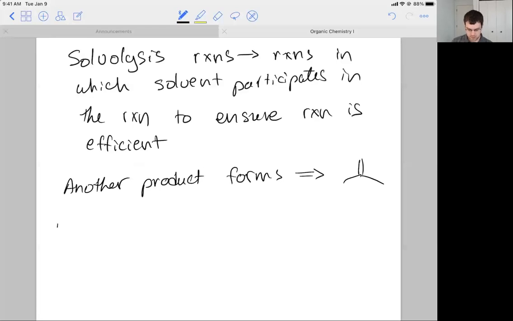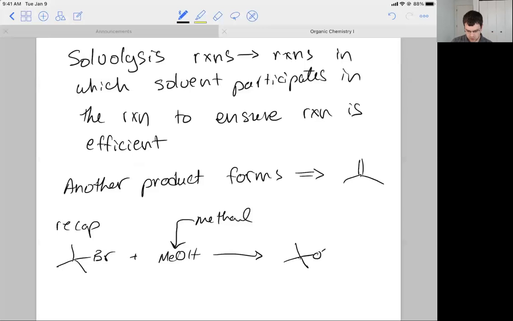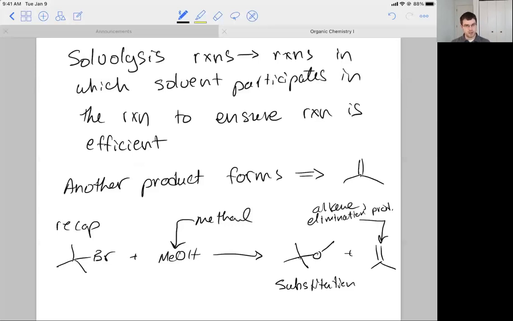Okay, so again, to recap, we took our haloalkane and mixed it with methanol, also called MeOH, and we formed two products, one of which was a substitution product, and the other one was this product, which is an alkene, and so this is an elimination product. So we have a substitution and elimination product being formed in the solvolysis reaction.